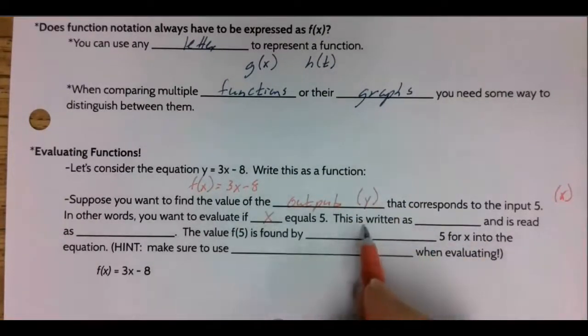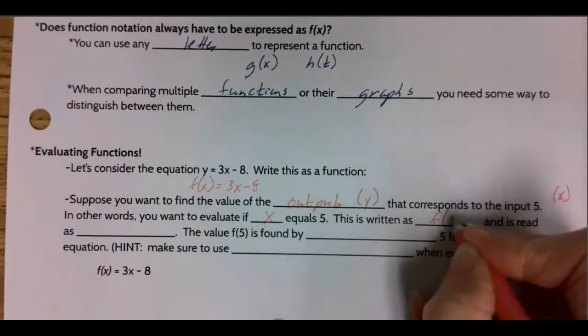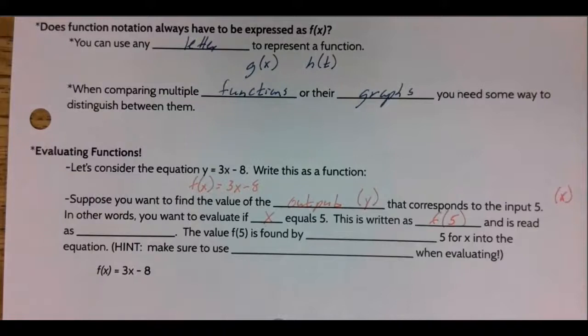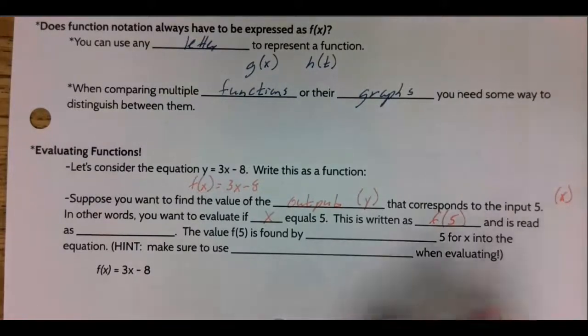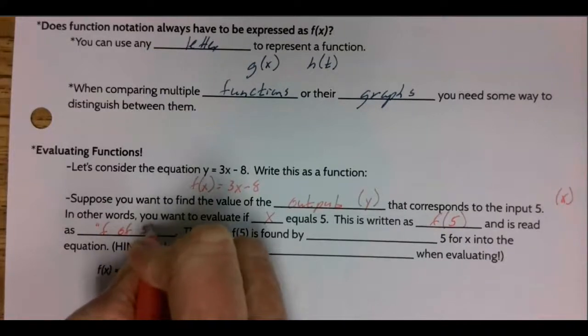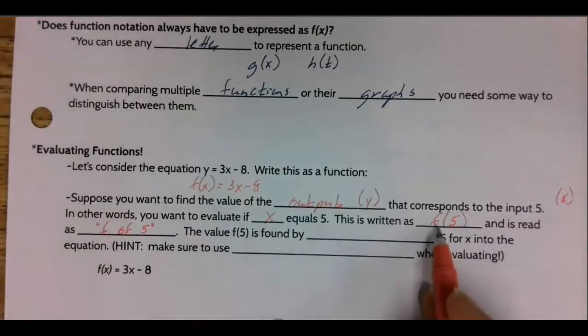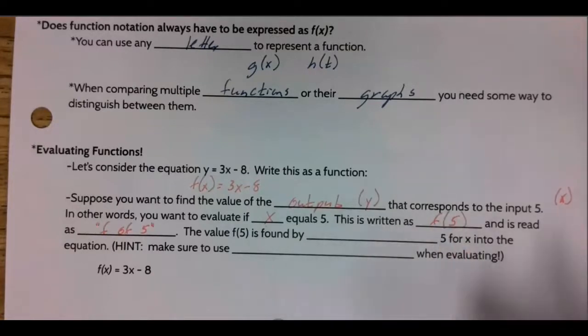It is written as f of 5, and read as f of 5. Or you can read it as, what is the value of the function at 5?